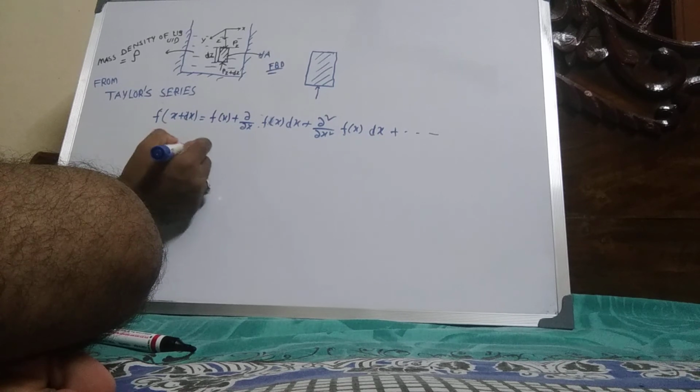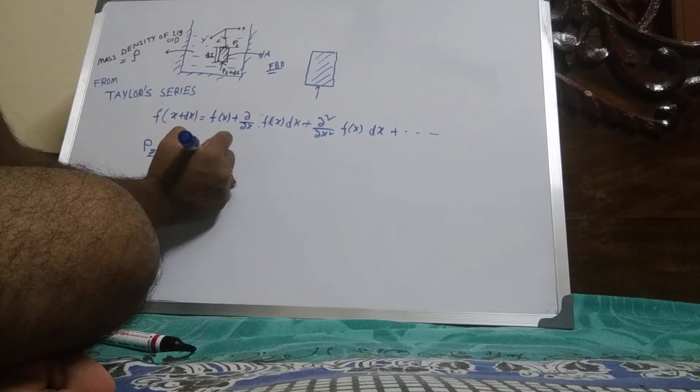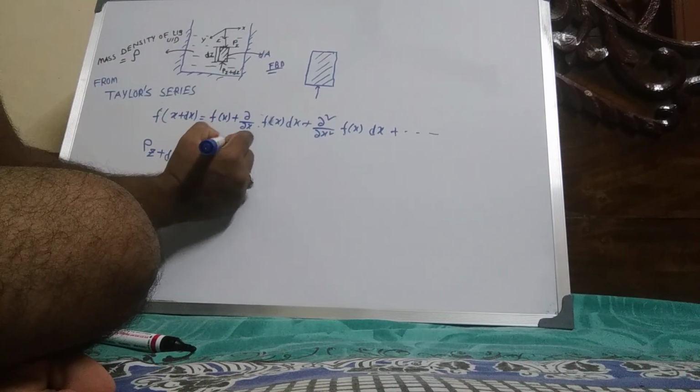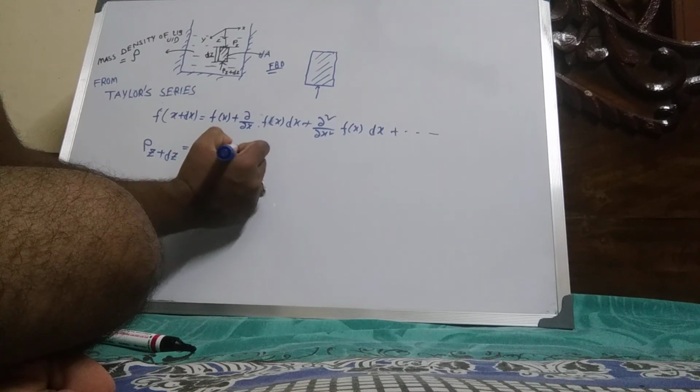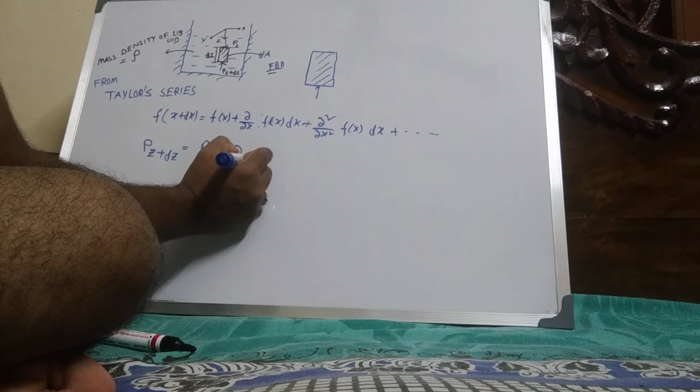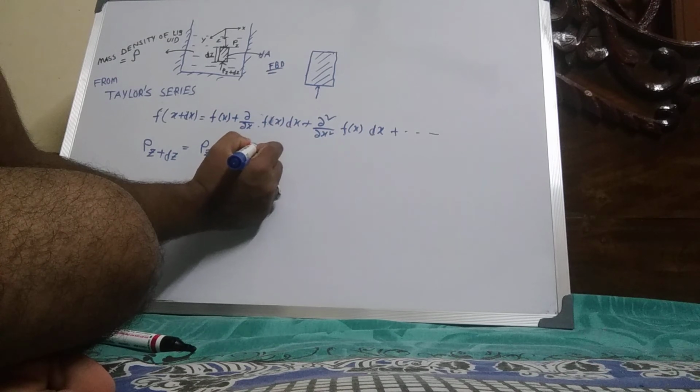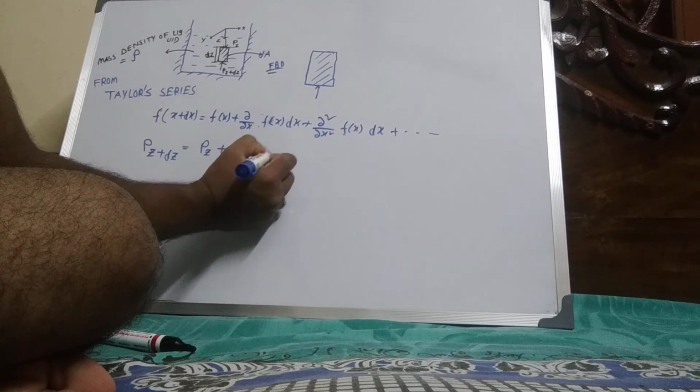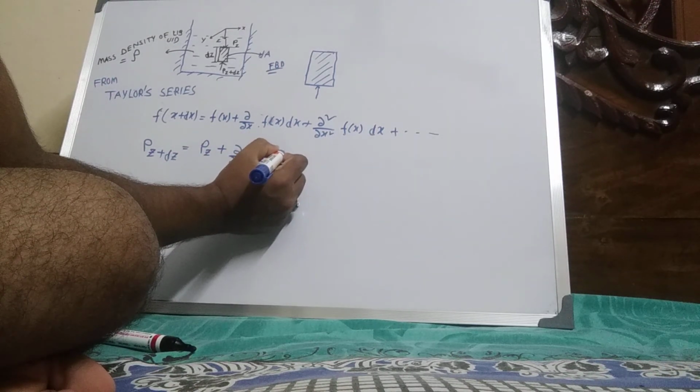You can write P at z plus dz as Pz plus (dP by dz) into dz.